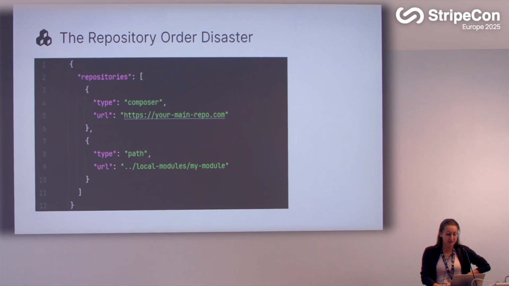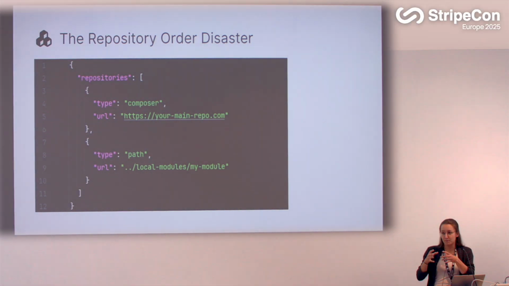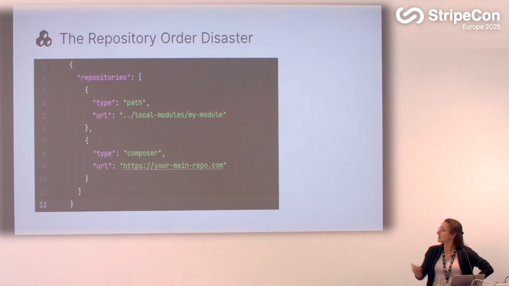I ignore that one, because I already got the package. So I rearranged, and I was really wondering why my local package was not loading. Turns out I just had to change the order, and then everything works fine. Small things can change everything.